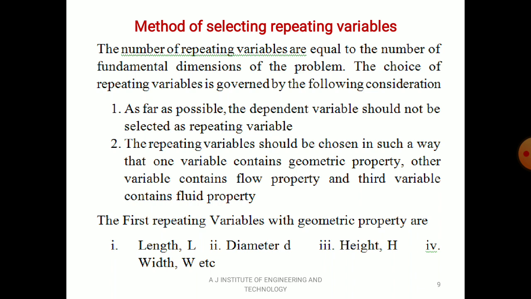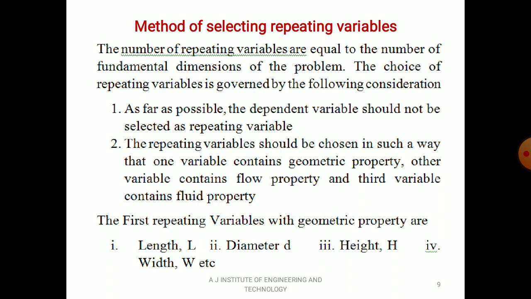If we have three repeating variables, then the first variable should correspond to a geometric property, the second to a flow property, and the third to a fluid property. This is the procedure: first geometric, then flow, then fluid property.